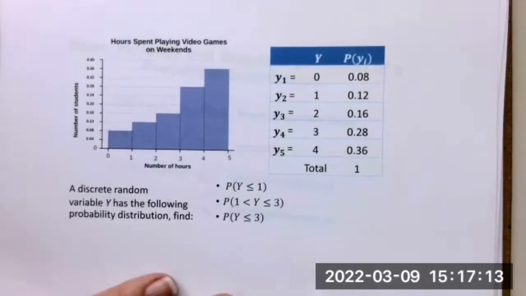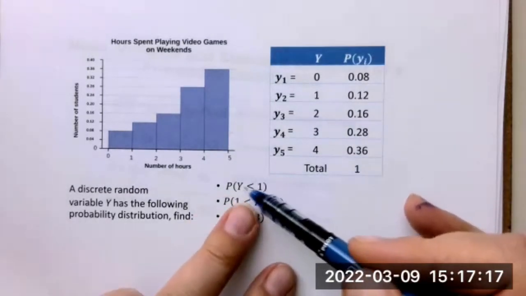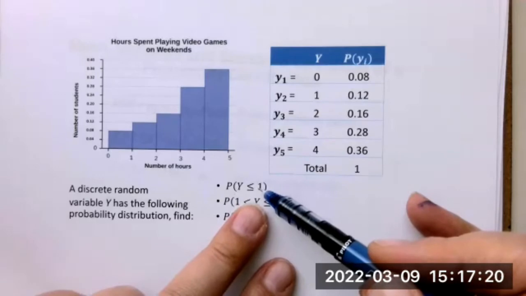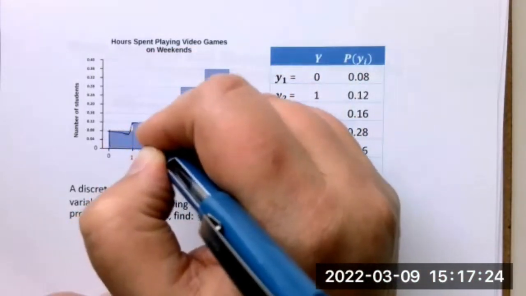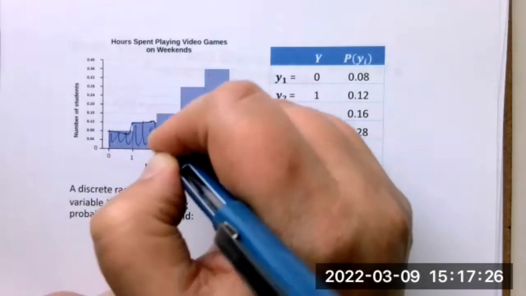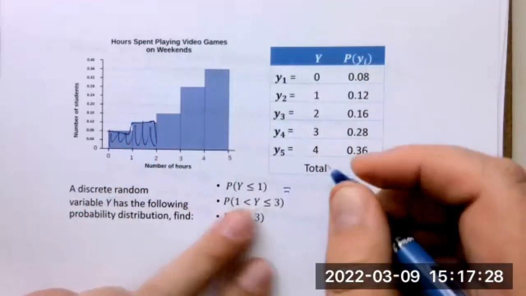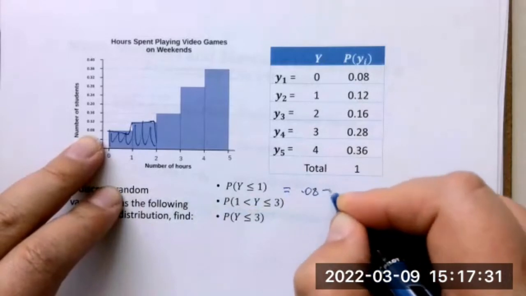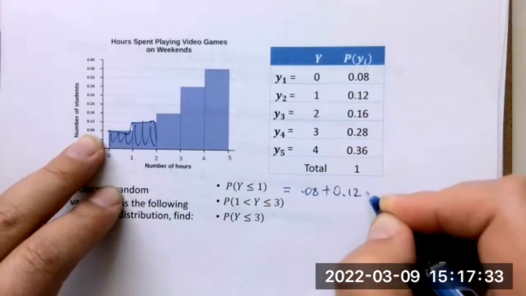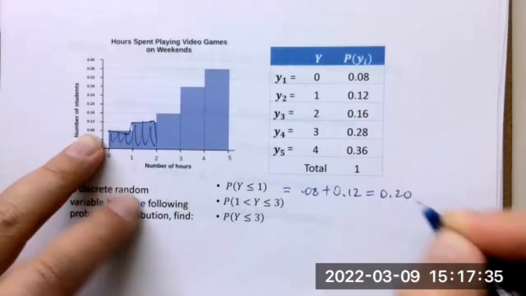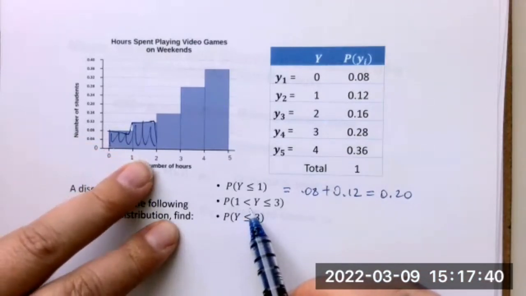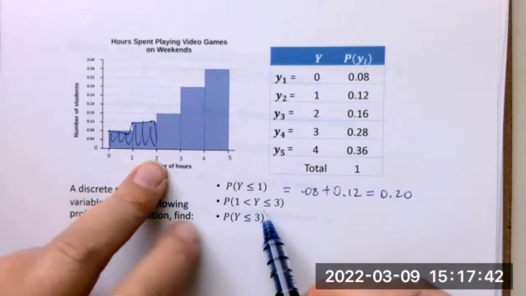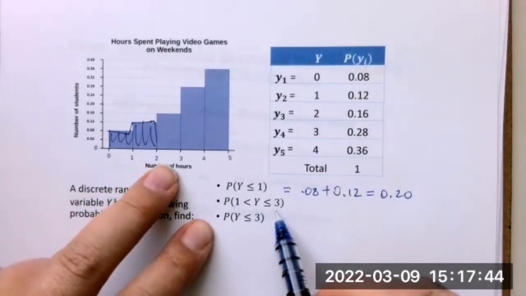All right, let's take a look at the next example. Here we're asked to find the probability that y is less than or equal to 1. That will include these two probabilities, 0.08 plus 0.12. And then greater than 1 and less than or equal to 3.